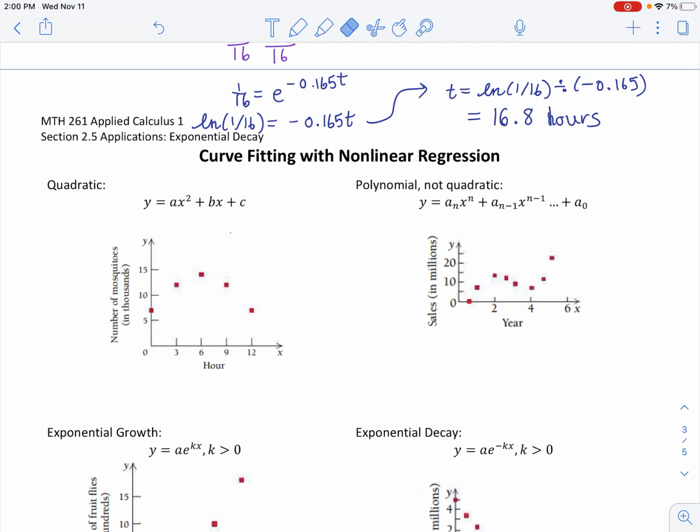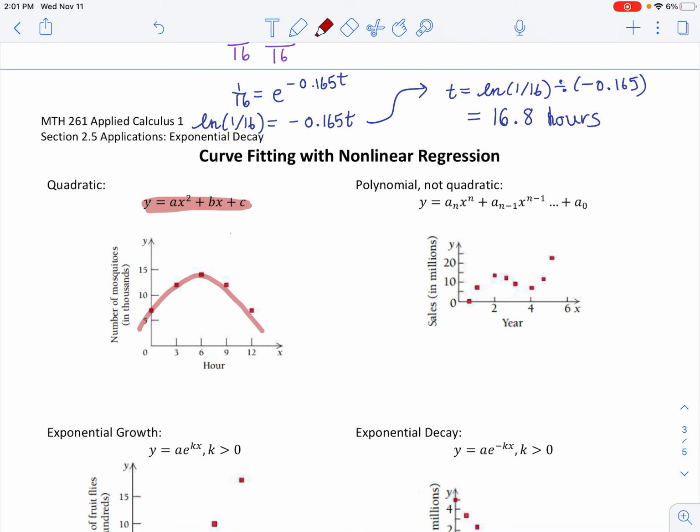So what I'm giving you over here is a couple different types of functions. If you have dots in a quadratic or parabolic shape, and you can imagine fitting a parabola, this one opening downward, then we know the equation that we can use to fit that curve will be y equals a times x squared plus bx plus c.